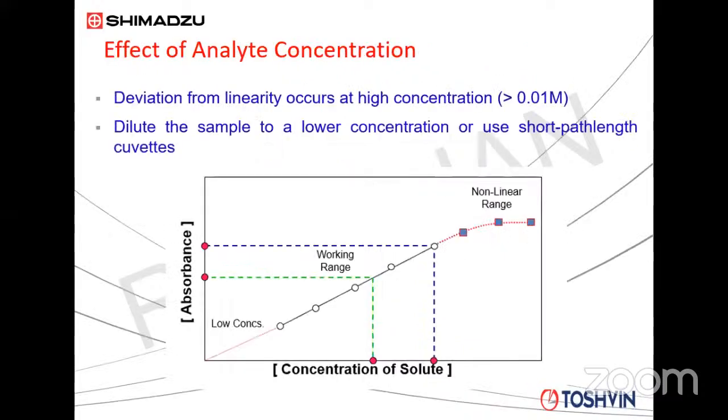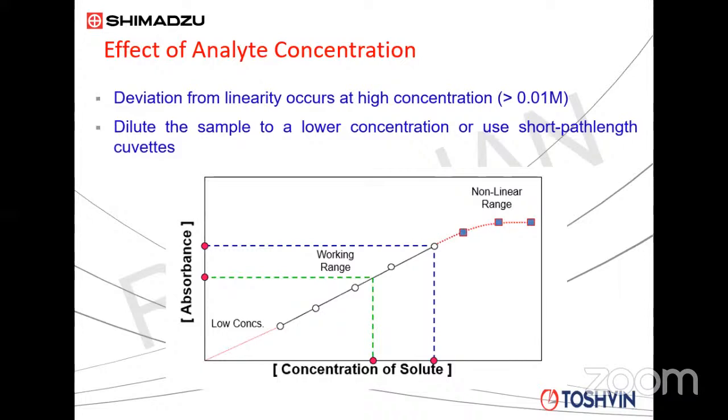Now, what is the effect of analyte concentration? This is a very critical thing when you are preparing the solution. Your sample has to be a very, very dilute solution. If the sample concentration is more, your absorbance reading will go to the non-linear range of the detector.